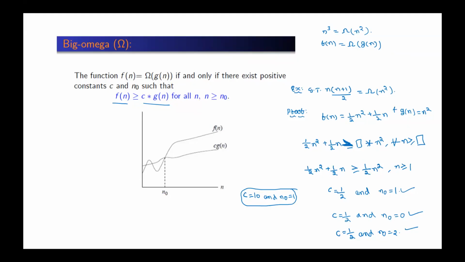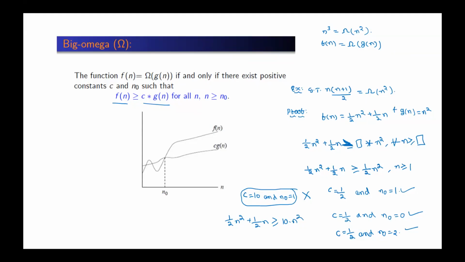But here, is 1 by 2 into n square plus 1 by 2 into n greater than or equal to 10 into n square? For n equal to 1, that's not correct. In the case of big O, it was less than or equal to, that's why we were able to write it this way.